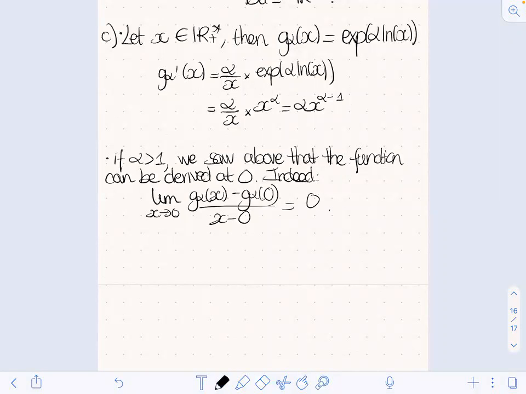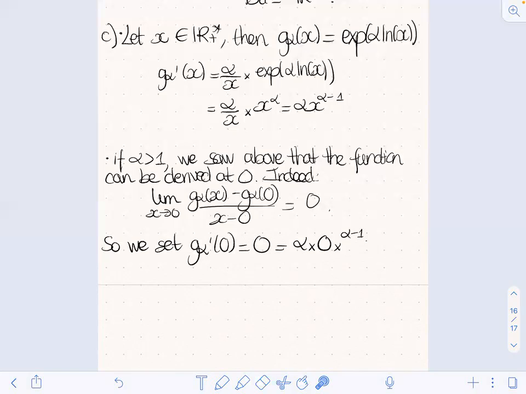So we set g alpha prime of 0 equals 0, and that's equal to alpha times 0 to the power alpha minus 1. So if we take the limit of the difference quotient, we get 0, which suggests that the function is differentiable at 0. And 0 is actually an extension of the derivative that we get here.